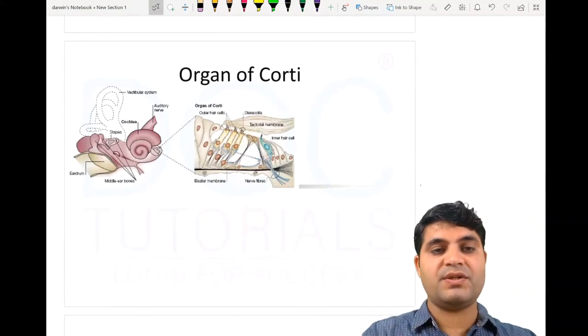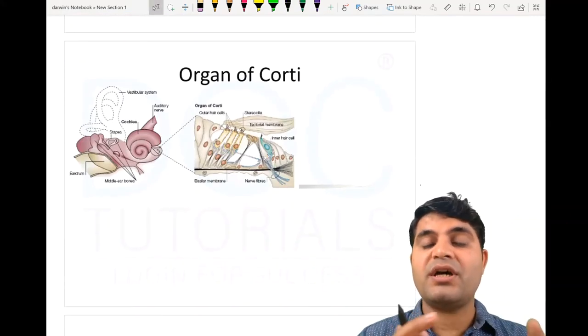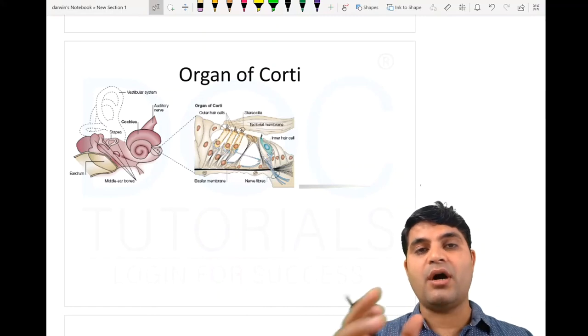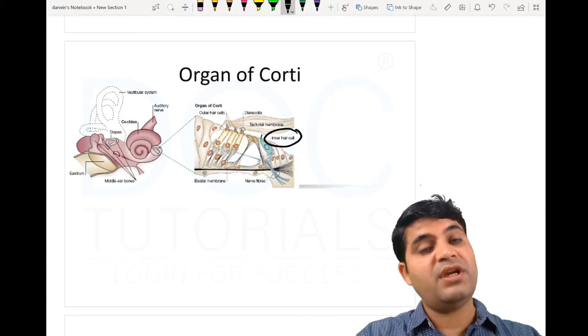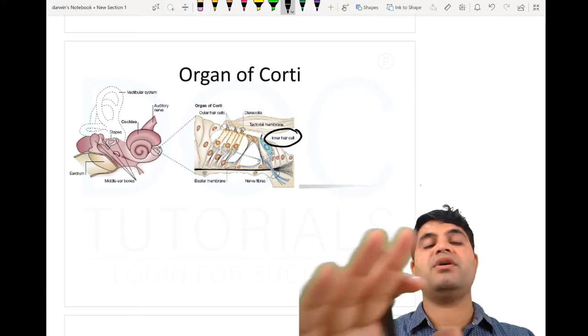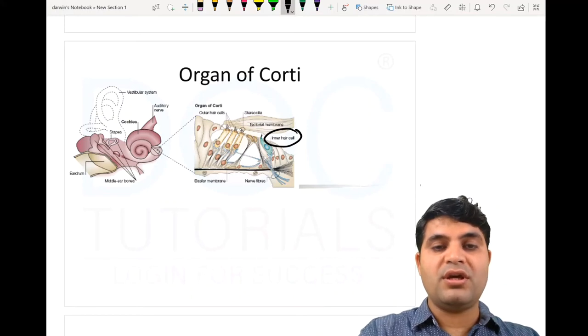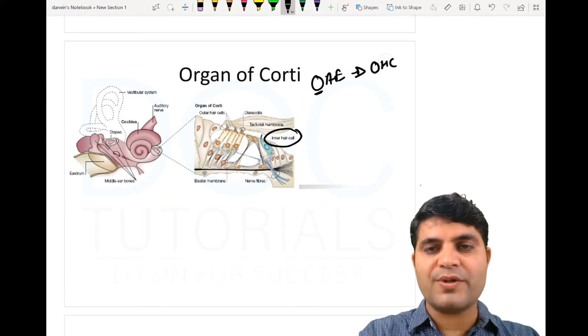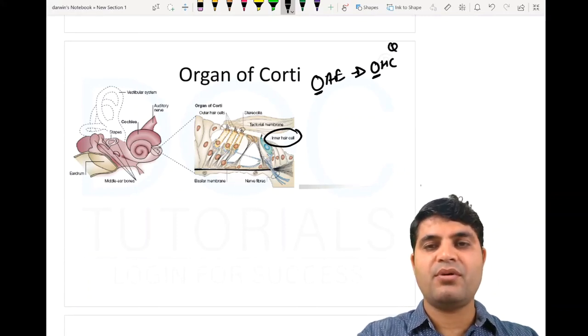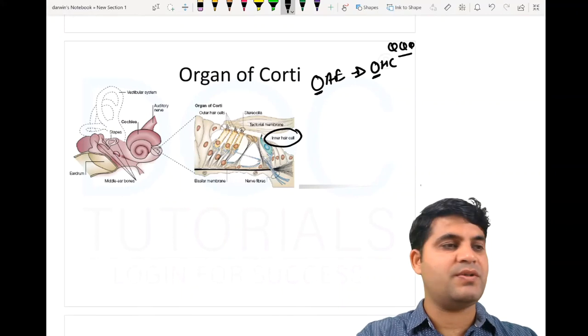So yes, what is this? If I ask you which are the important hair cells, outer or inner hair cells? The important thing is that inner hair cells are very important. If you have any damage to inner hair cells, your hearing goes. So remember it like this: outer hair cells are responsible for otoacoustic emissions.